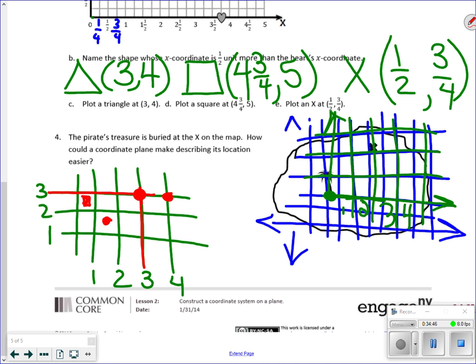Is 4, 3 the same thing as 3, 3? No. This is wrong. I will mark it wrong even if you are accidentally one spot over.